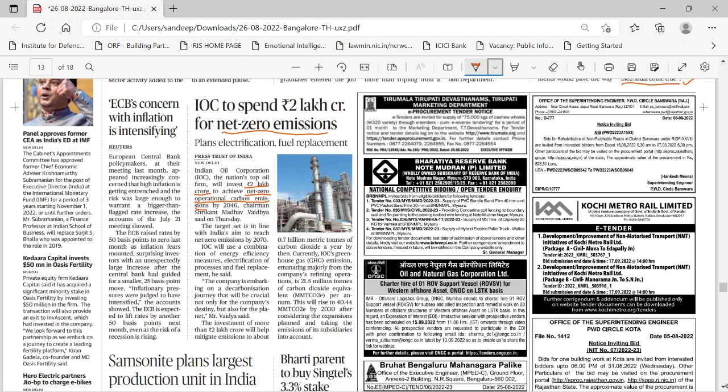operational carbon emissions. What is the meaning of this, guys? Now, Delhi airport has net zero emissions. The meaning of this is how much emissions they produce. Let us say aeroplanes and vehicles, they emit emissions, and there are plants and all which absorb these.